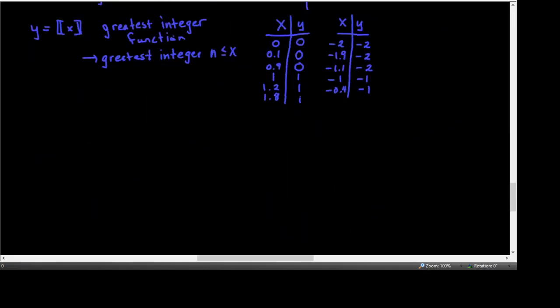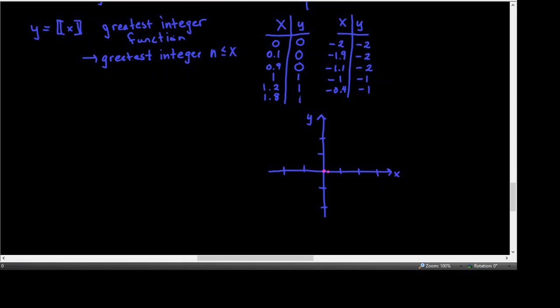See if we can, from these few values we've thought through, plot them and think about what else could happen for all x's that we might want to plot. Okay, so I'm going to plot the points we have and maybe make up some more as we go. When x is 0, graph 0. When x is 0.1, graph 0.